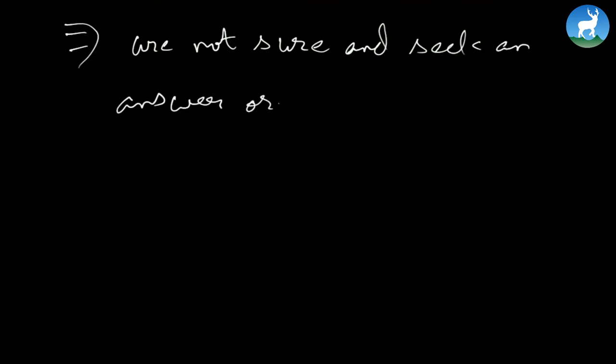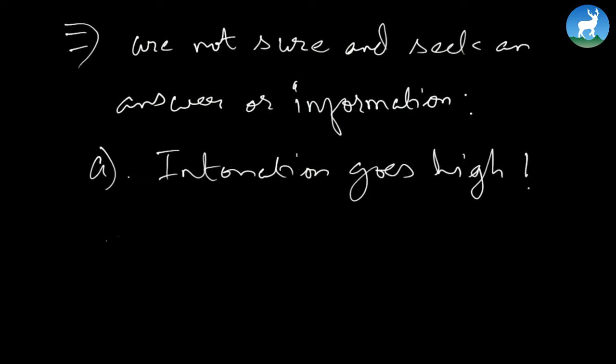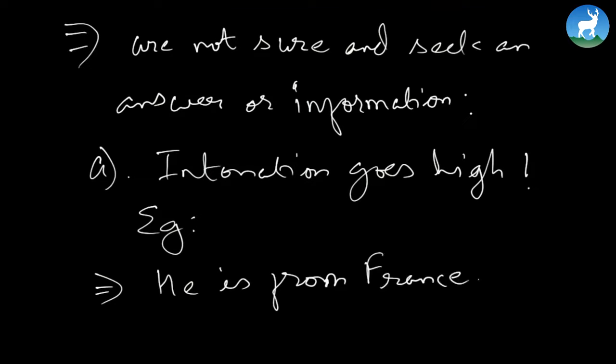The second case is when we are not sure, and seek an answer or information. You might come across cases where you just don't know what the answer is, or perhaps you're seeking some information. In that case, when you want to know the answer, your intonation goes high. For example, there is a certain person who you think is from France, but you're not quite sure. You might want to ask, "He is from France, isn't he?"